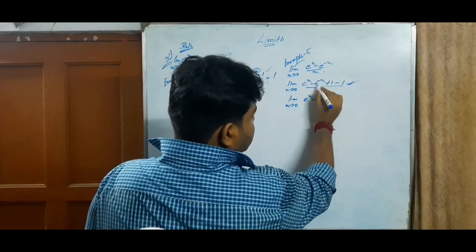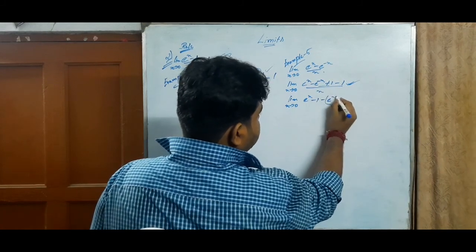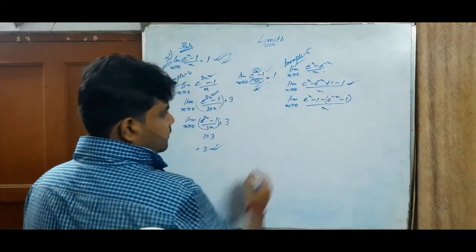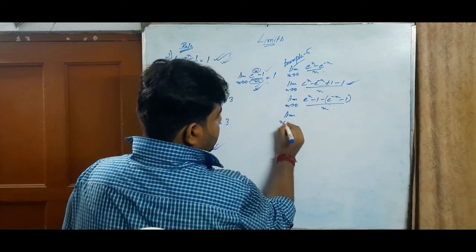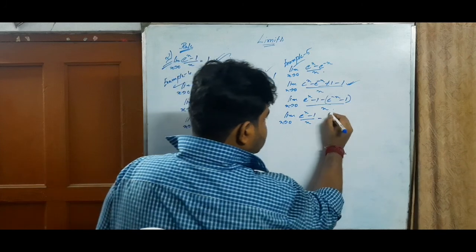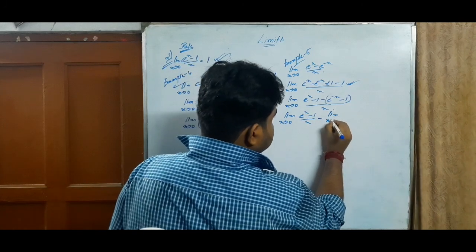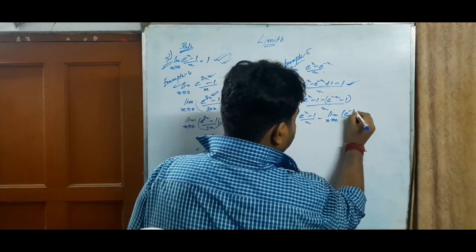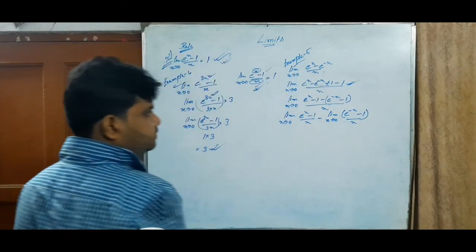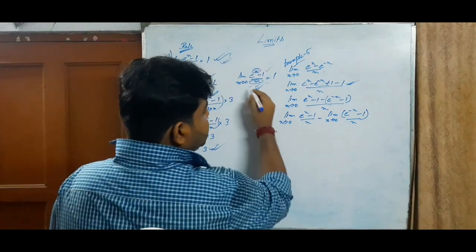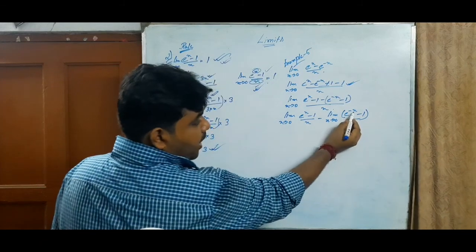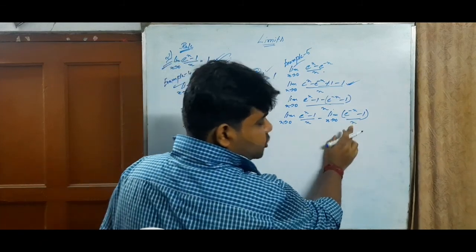Now see, limit x tends to 0, (e to the power x minus 1) minus, we are taking the minus sign common from these two, (e to the power minus x minus 1), whole by x. Now limit x tends to 0, (e to the power x minus 1) by x minus limit x tends to 0, (e to the power minus x minus 1) by x. Here we are getting this form, but in this part the power is minus x, whereas the denominator is x.